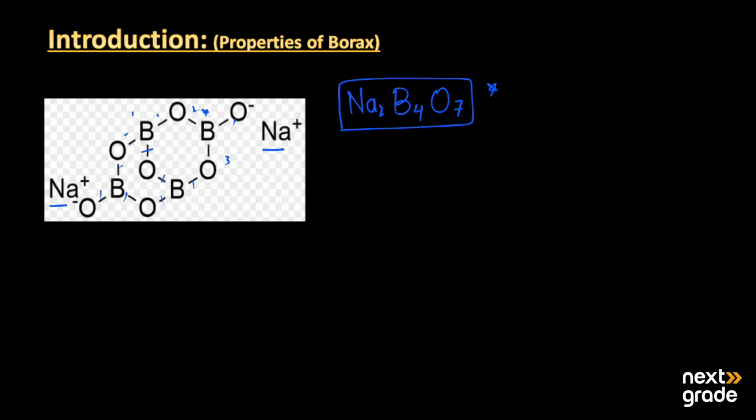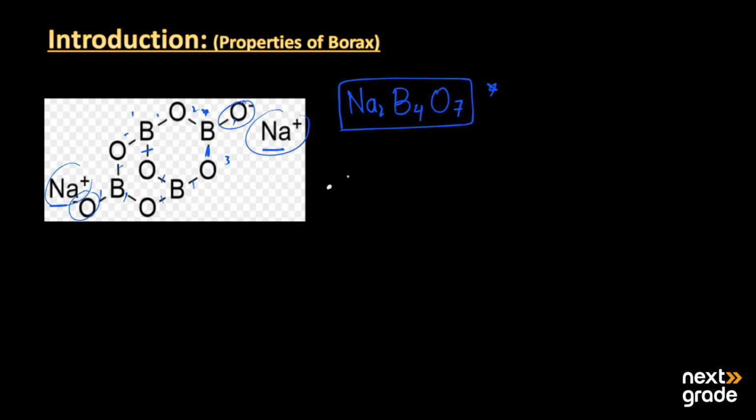So this is mainly a hexagonal type structure of borax, in which boron is bonded with three other atoms. It mainly has covalent bonding, like the sharing of electrons, and the two sodium cations just surround the oxygen ions. So this is the simple structure of borax.